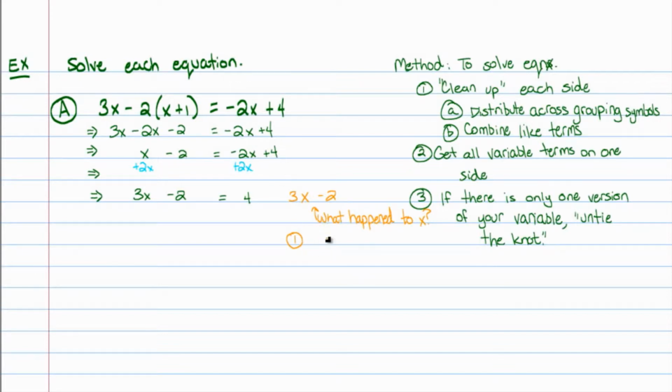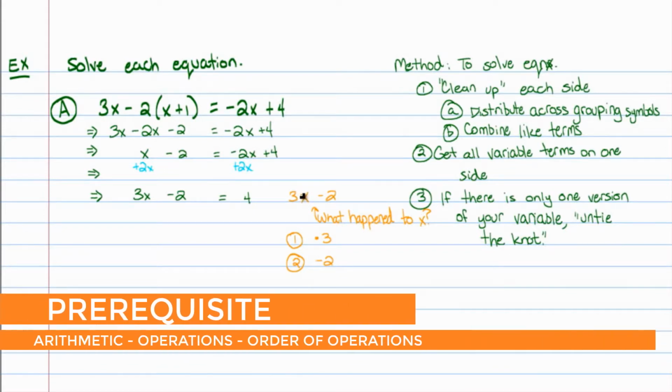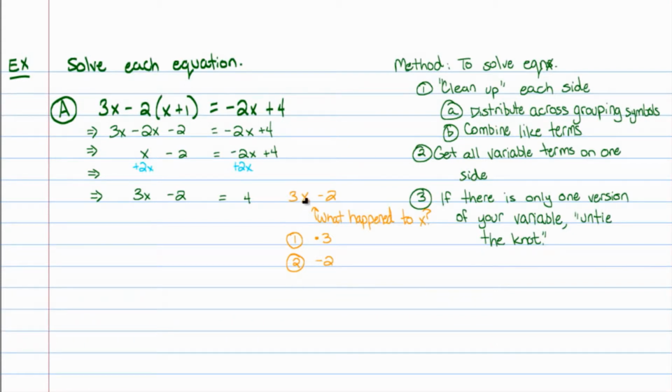All right, so what happened to x? Well, somebody took x and they multiplied it by 3. And then after they multiplied it by 3, they subtracted 2. Order of operations, right? And this is what I like about saying it this way, is because you're following the order of operations. If I just went straight to solving this and saying, oh, I add 2 to both sides, divide by 3, it's counterintuitive because you are not following the order of operations.